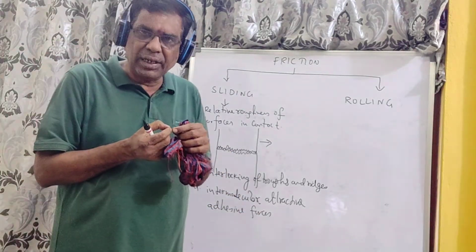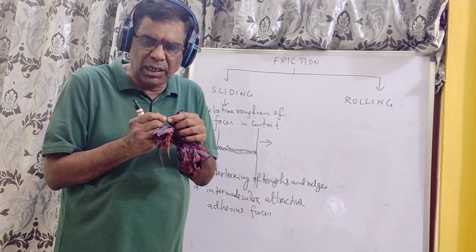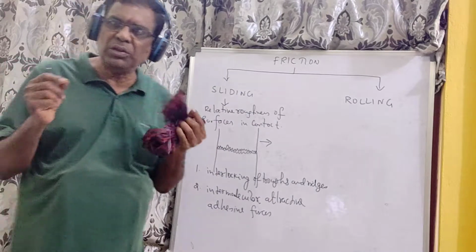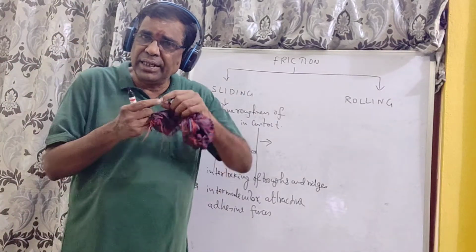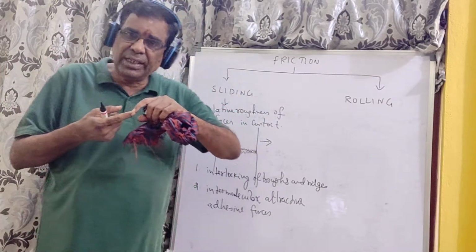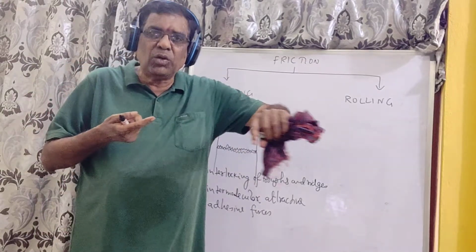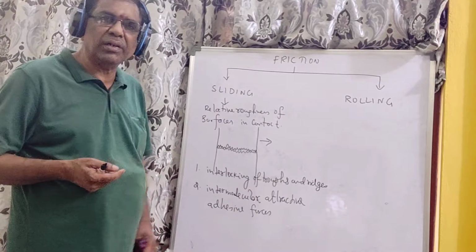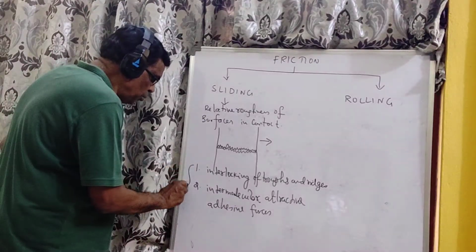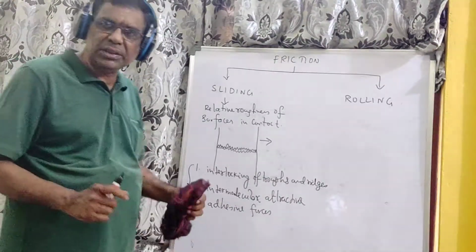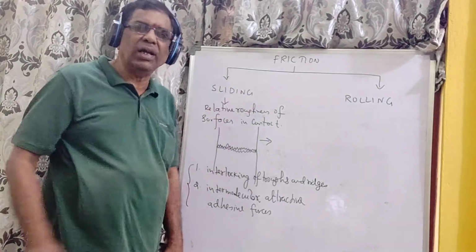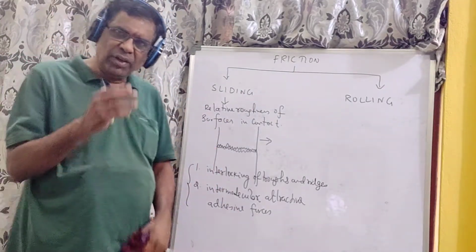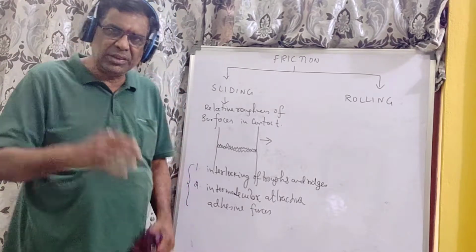Even if they are not in contact, if they are getting close, as I said, if they fall within that so-called molecular range, then there is a force of attraction between them. So in order to move it, you have to break these bonds. These two put together constitute what we call sliding friction. So if somebody asks, what is sliding friction due to?